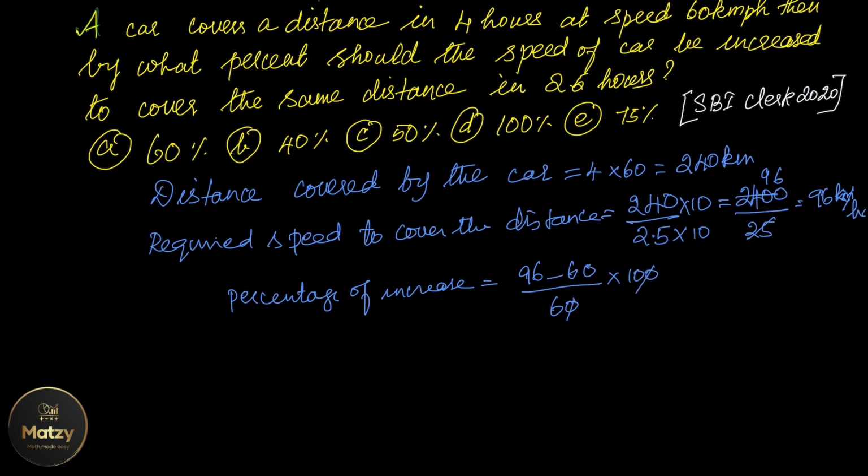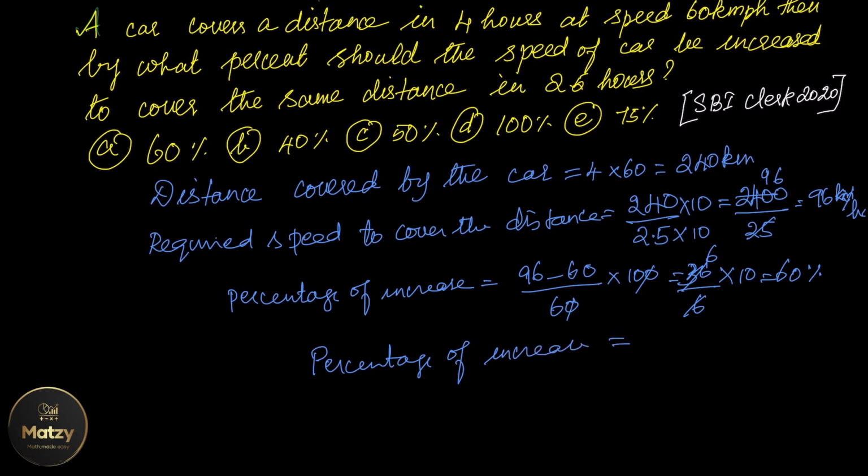Am I right? What is that? 36 by 6 into 100, 6 times. So, the increased percentage is equal to 60%. Correct option A.